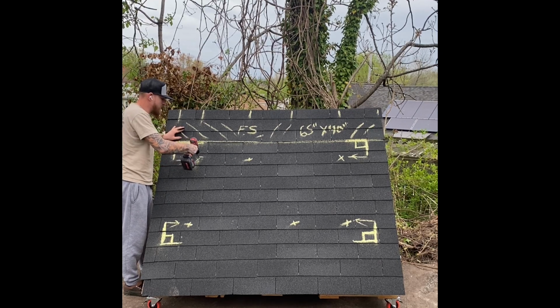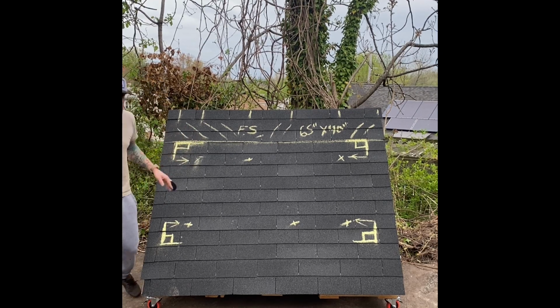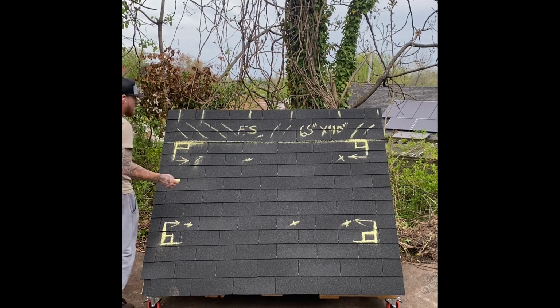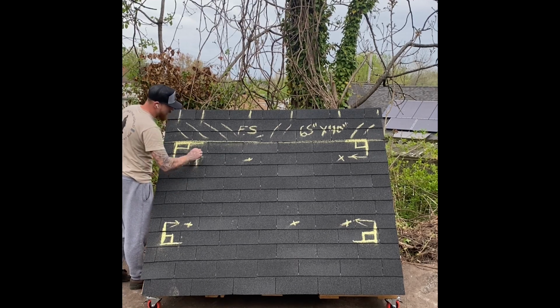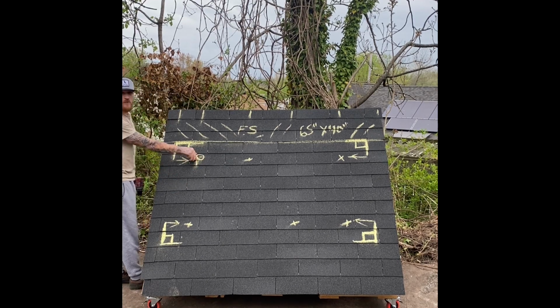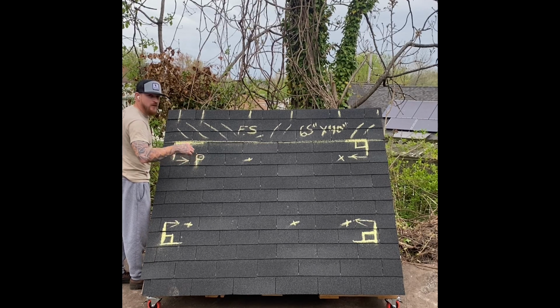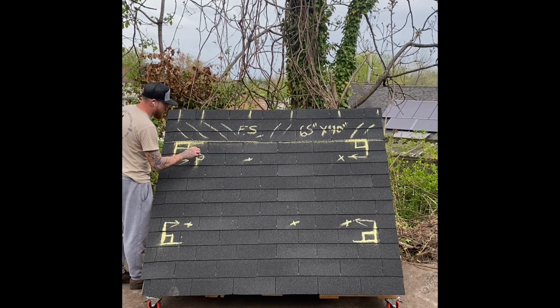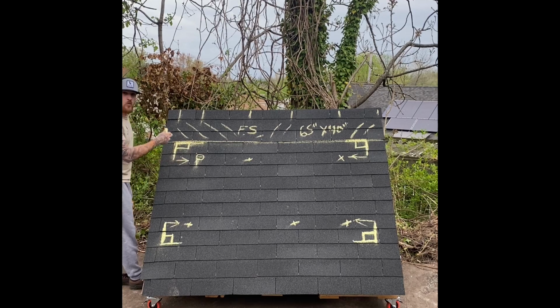If you miss, oh no, I missed. What do we do when we miss? We're gonna grab our chalk and we are going to make a line over our make and a semicircle over our miss. That lets the guy or myself know as I come back to put my geo down, my caulk. We're gonna put caulk in this hole. We can put a piece of silver flash underneath it, and then my lag goes in this hole with the line.